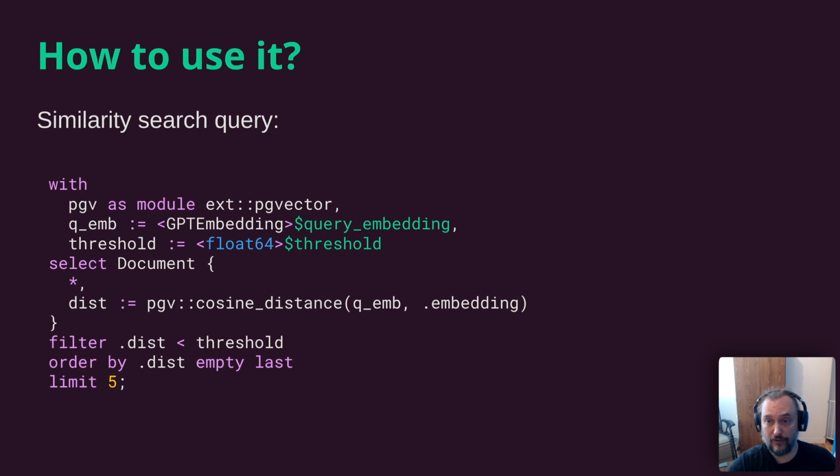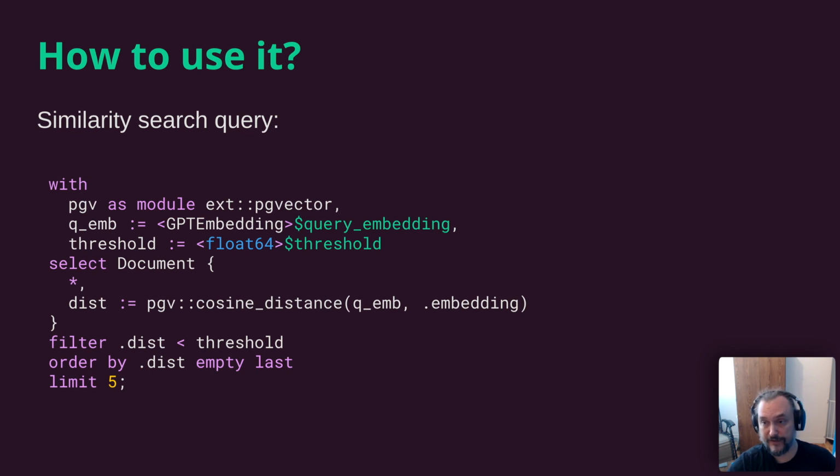But once you're done with all that, it's finally time to write a search query. In our query here, we have a couple of parameters. The query embedding is the embedding corresponding to the search query, and there is also the similarity threshold for results. Similarity search uses cosine distance to compare the query embedding to the document's embedding.